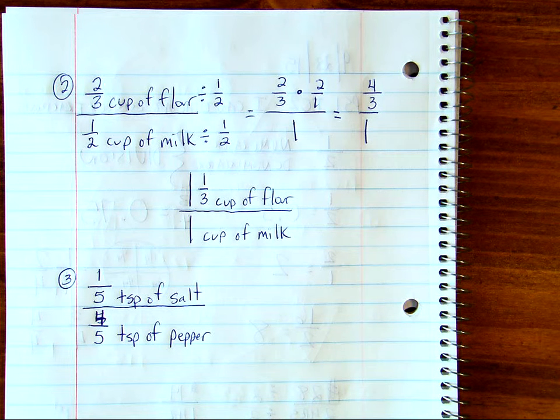Change, flip. 1/5 divided by 4/5. If I use 1 teaspoon of pepper, how many teaspoons of salt do I have to use now?